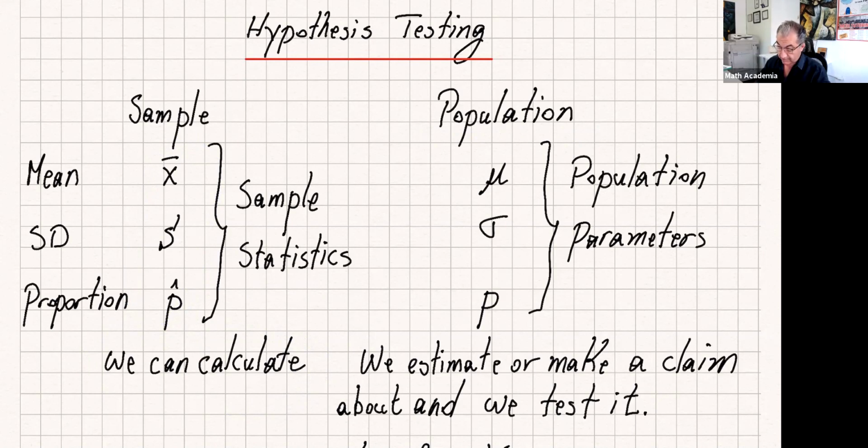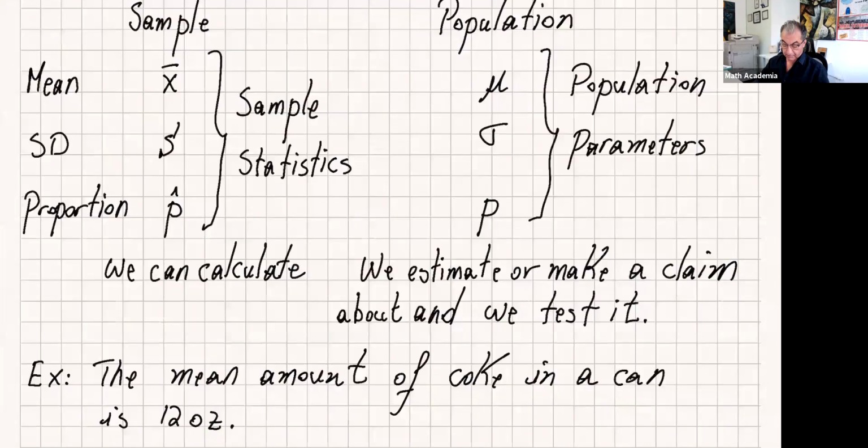So what we learned before, we said we estimate those population parameters. Sometimes if the population is not very big, then we can calculate. If it's big, then we estimate. Or we make a claim about it and we test it. And that's what we're going to do in this video.